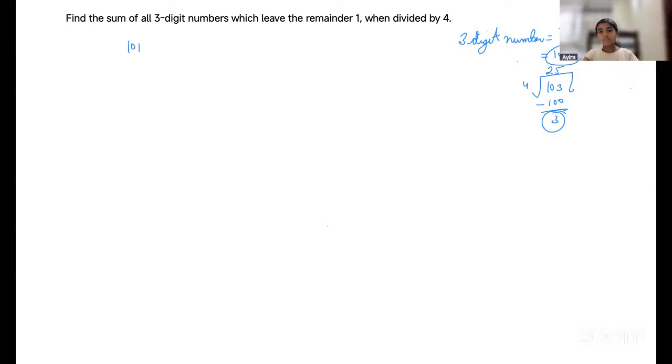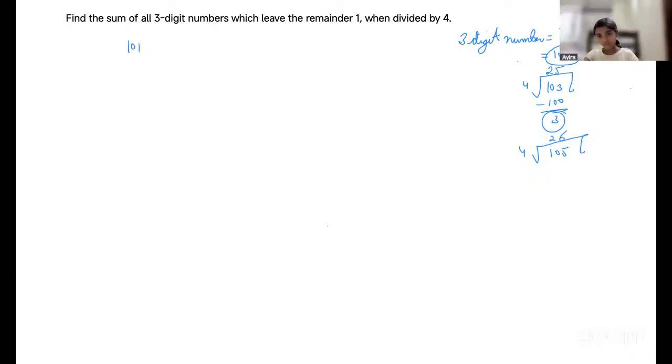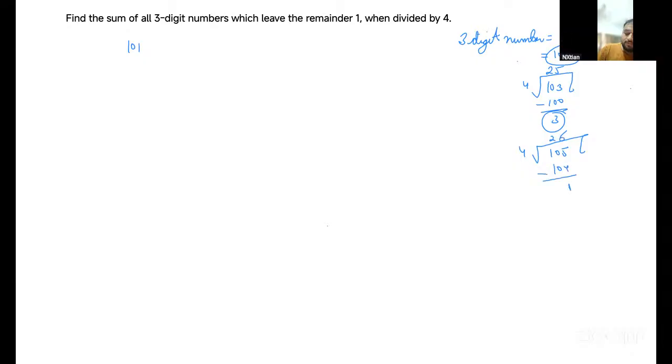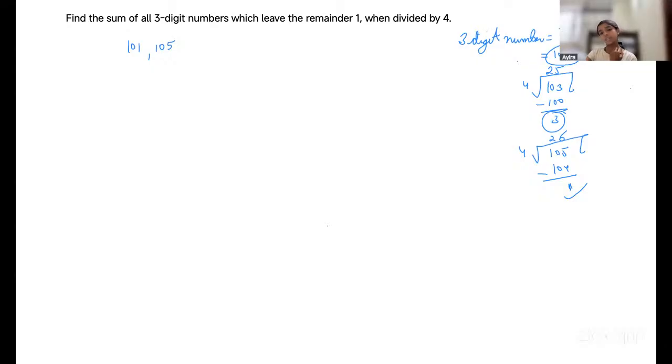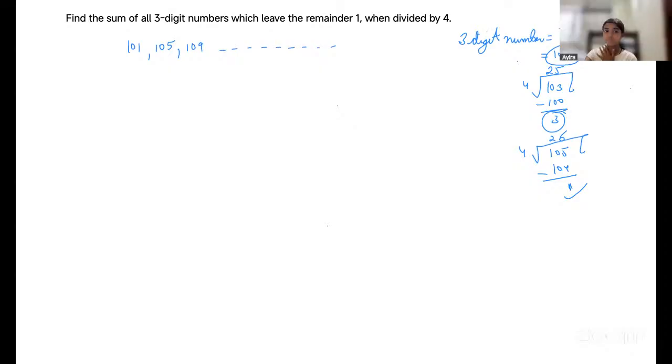105. If you take 105 and divide it by 4, this is correct. Now the next number can be 109. Like this. What is the last number? What last three-digit number can you tell me? 1000 is a 4-digit number, so we'll not count 1000.